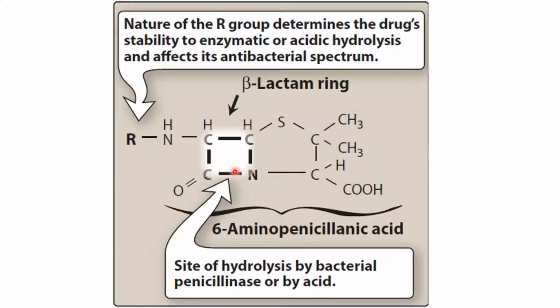The other ring that is fused with the beta-lactam ring is a 5-atom ring with a sulfur, and there is an acetic acid derivative here and 2 methyl groups.